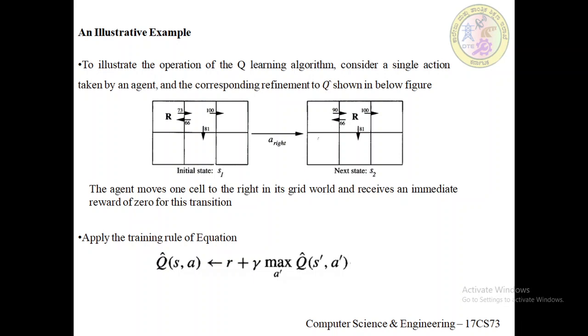Now the reward is 0 everywhere except when entering the goal state. Since this world contains an absorbing goal state, we will assume that the training consists of a series of episodes. During each episode, the agent begins at some randomly chosen state and is allowed to execute its actions until it reaches the absorbing goal state.